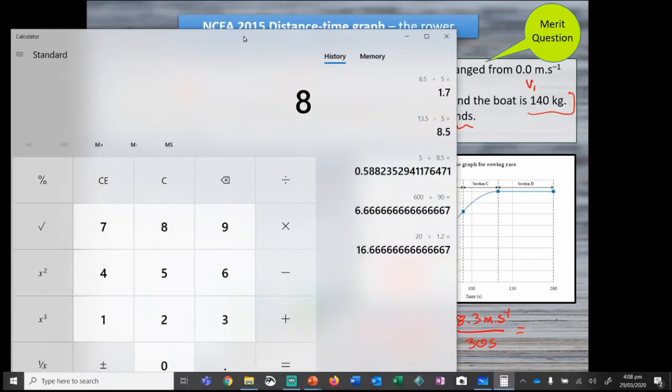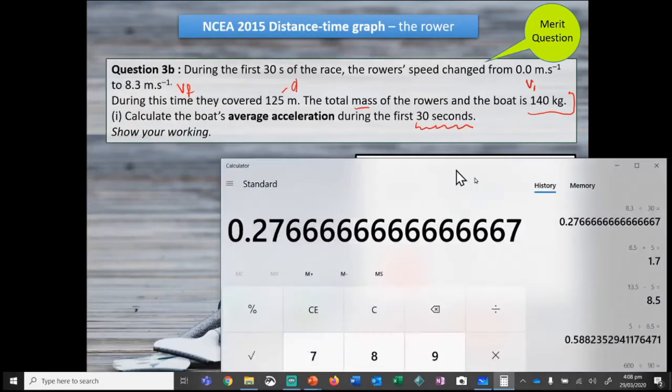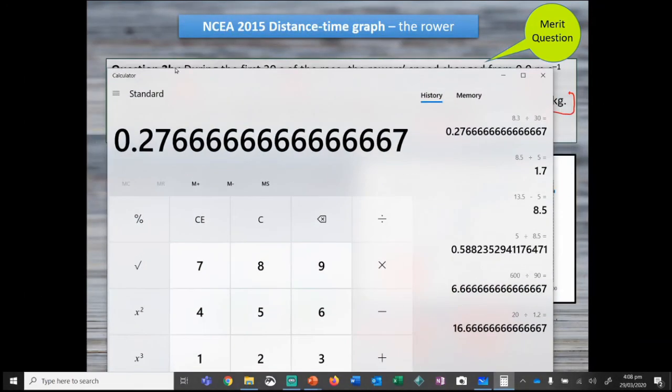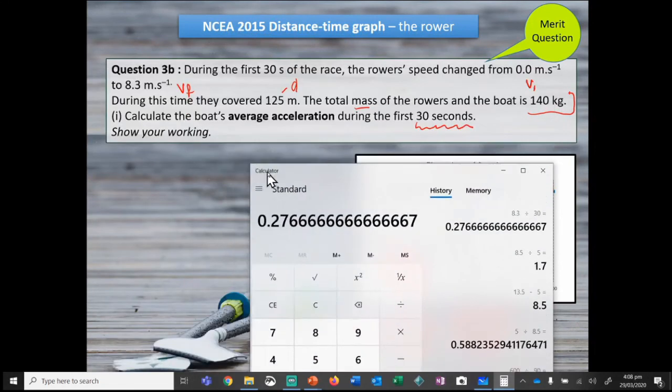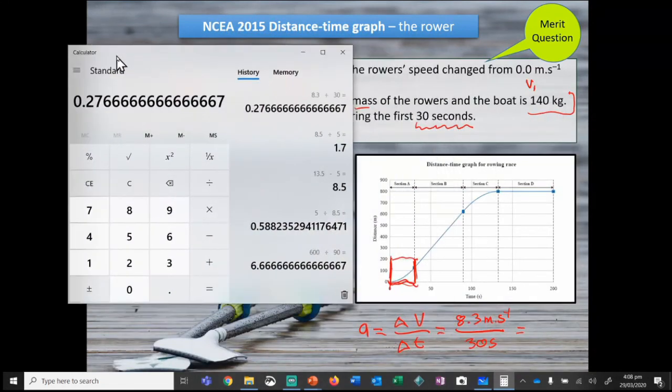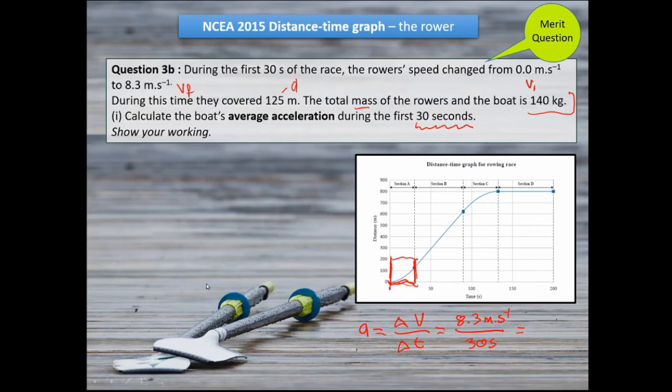So that's 8.3 divided by 30 gives us 0.28 meters per second. That is our acceleration. So 0.28 meters per second squared. I hope you can see that.